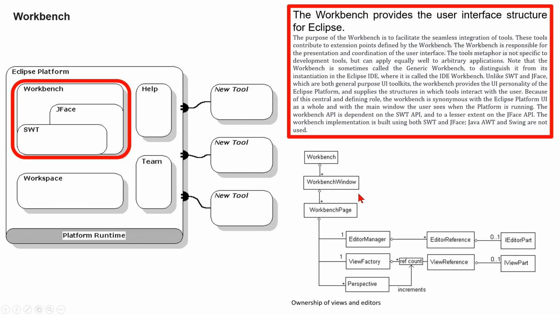The Workbench window supplies the trim widgets, and the Workbench page supplies the window contents. In theory, the Workbench window can contain any number of pages, but in practice, there is never more than one page in a window.